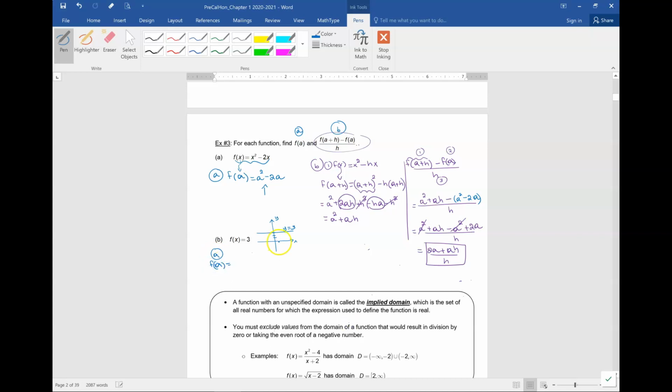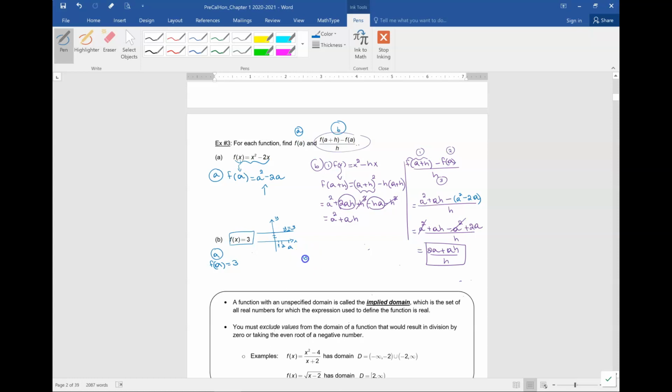Well, no matter what the x value is, whether it's 1 or 2 or a, f of a is equal to 3, right? This is a constant function, so no matter what, it's going to be the same. f of a is 3, f of c is 3, f of 4 is 3, f of table is 3.